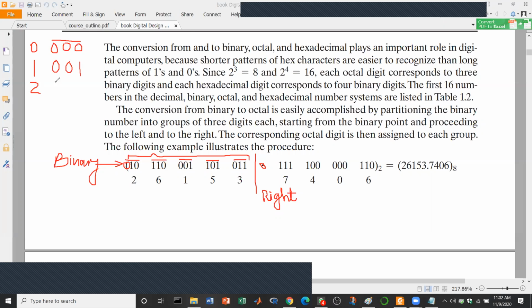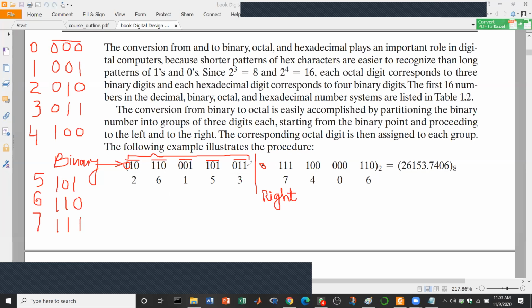Then 2 is 010, then 3 is 011. How do I form these binary numbers? By the same process as in example 1.1, exactly the way we learned there. 4 is 100. Similarly for 5, 6, and 7: I write 101, 110, and 111.